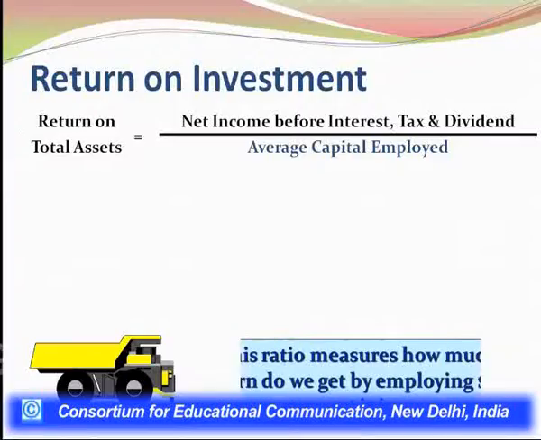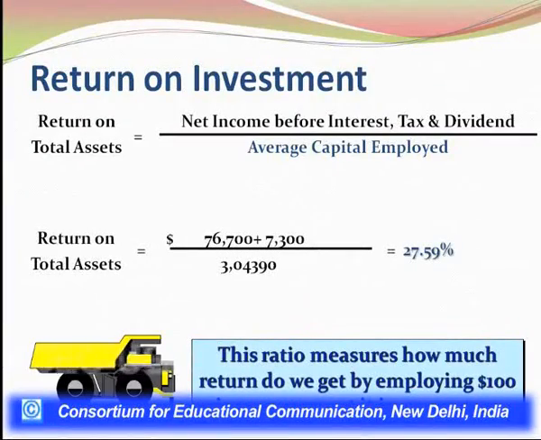So this 84,000 is divided by the capital on an average basis. So let's have a look at the slide. The average capital available which is used in the business is 3,04,390, which is the average that comes from dividing the beginning capital plus the ending capital by 2. So capital employed, as I said, there are two ways you can calculate.